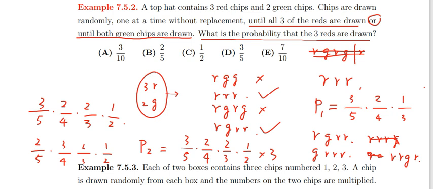Okay, so P1 equal, cancel this 3, cancel this 2, 1 over 10, right? So P1 is 1 over 10. So what is the P2? Let's check this. P2 equal, we say cancel this 2, cancel this 3, and cancel this.